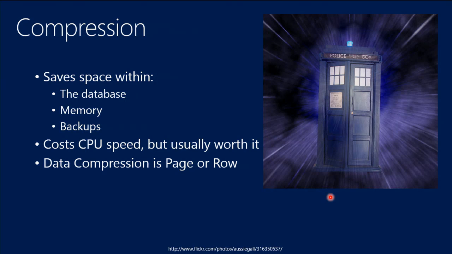I was working with a client, and they had a large table, terabyte-ish, give or take, and we wanted to save some space in their system. So we turned on data compression at the page level for their large table. When we compressed the table, it actually compressed from a terabyte down to about 350 gigs. So we saved 700 gigs of drive space.